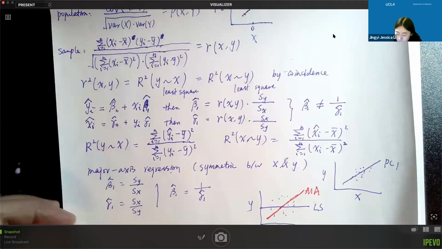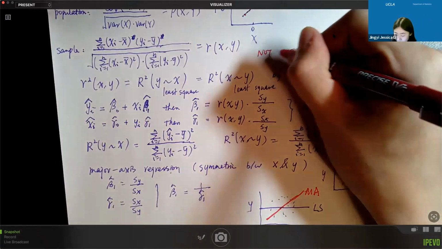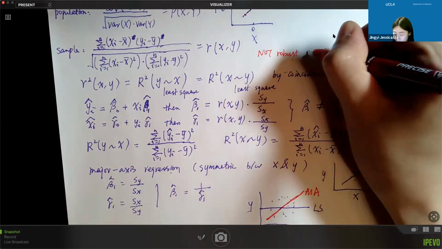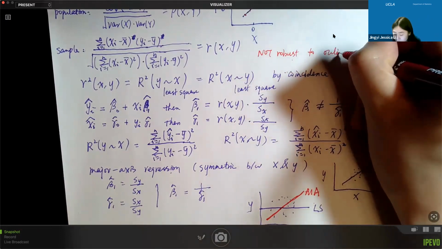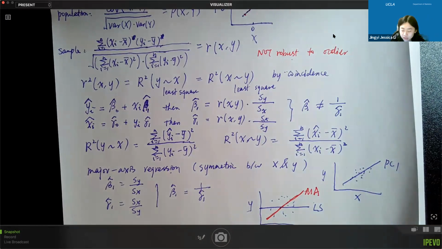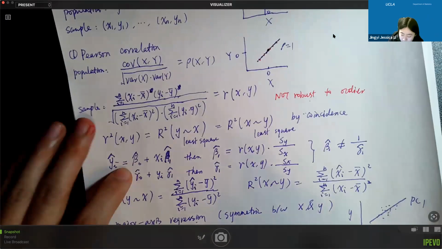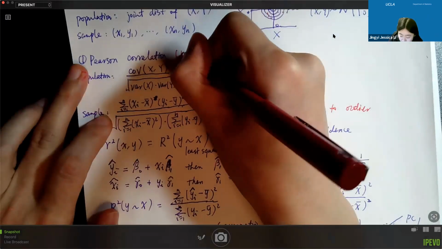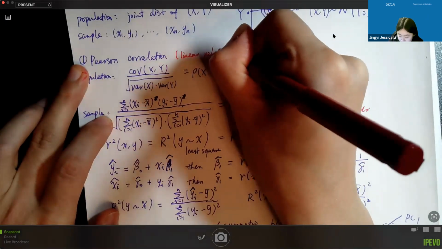To address this issue, and also in some cases, we don't want the relationship to be fully linear. We're just interested in monotone relationships. This is for linear relationship, just for your information.